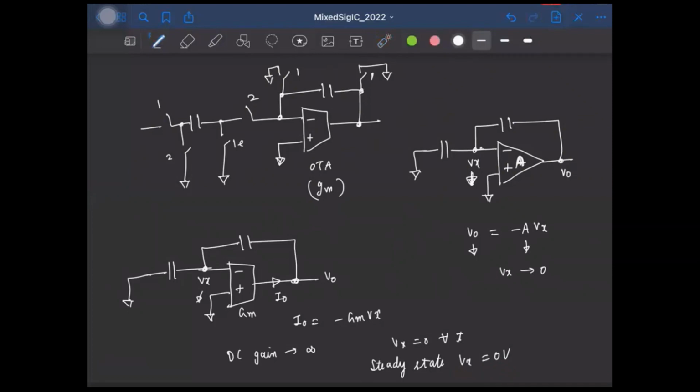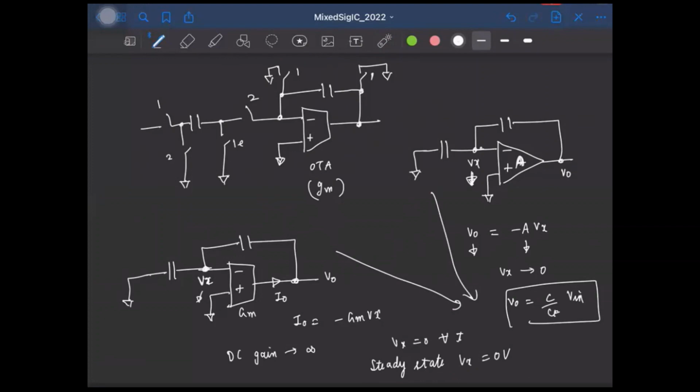Okay. So if you apply charge conservation to find the steady state voltage, we can still consider this virtual ground, that is this voltage Vx to be at virtual ground. So the steady state output will still be C by Cf times Vin, as we got with a voltage controlled voltage source as well, right?